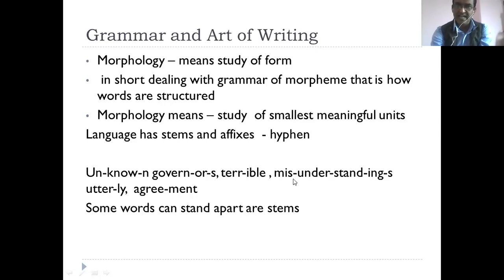Mis is added before the stem understand, ing is added after the stem, and s is also added as an affix. Utterly: utter is a stem, ly is an affix. Agreement: agree is a stem, ment is the affix.